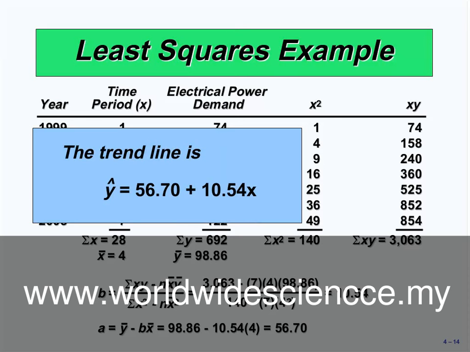We replace X with 13, and Y can be calculated. Y is the electrical power demand for 2020. You replace X with the number of years after the last year that we have here. Very, very easy. So in a linear equation, we should calculate a linear equation.